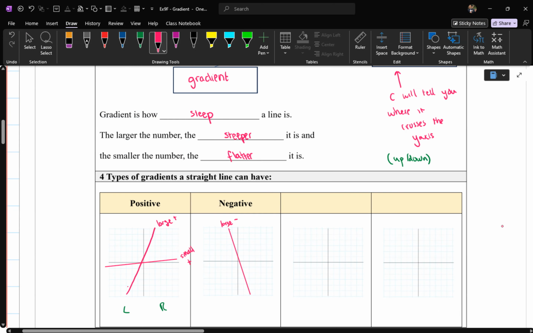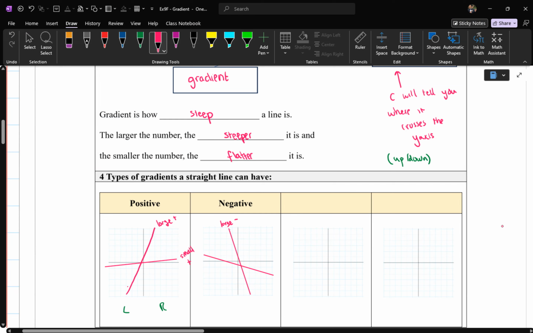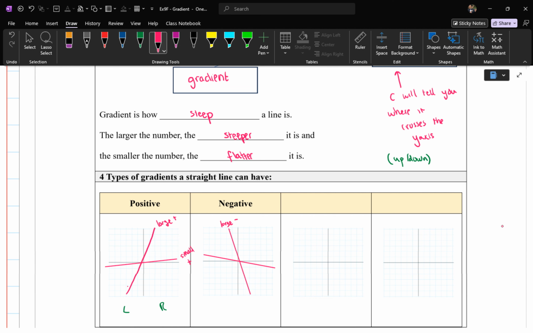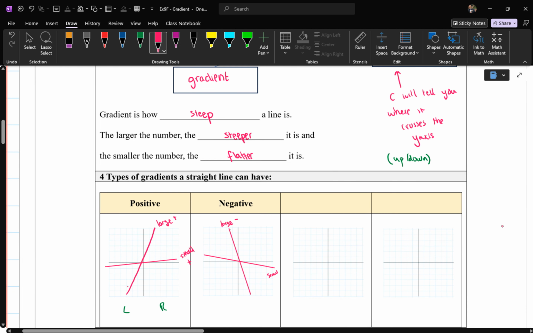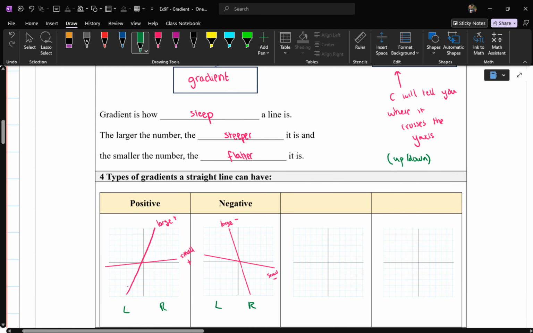Can you see that? It's slowly going down. So if you have a very, very small negative number, then it's flat. But this is small negative. And a small negative just makes the line look flatter. But from left to right, it's declining. See how it's going down?